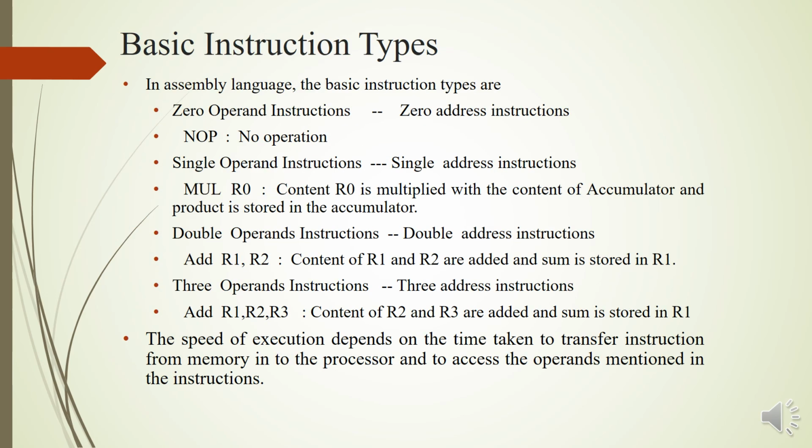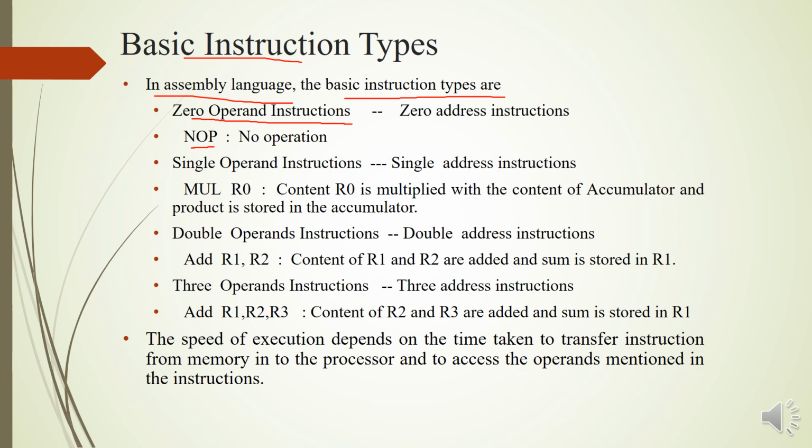Basic instruction types. In assembly language, the basic instruction types are zero operand instructions. In this type of instruction, only the opcode will be present and operands will be absent. Example, NOP. NOP consists only of an opcode, there are no operands, and the NOP performs no operation.